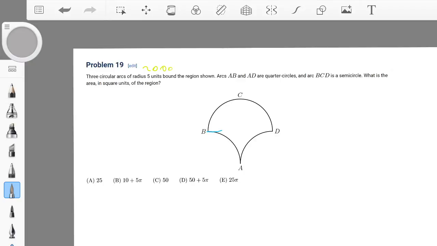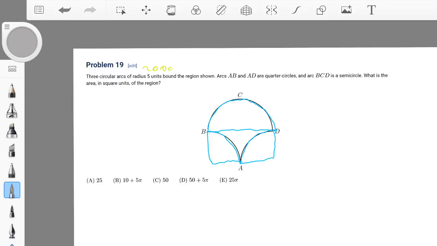Alright, so let's go ahead and split our zones up. Down here we have two semicircles, and up here two quarter circles, and up here we have a semicircle. So what do we need to find the area of? We need the area of semicircle BCD and this odd shape of BAD.